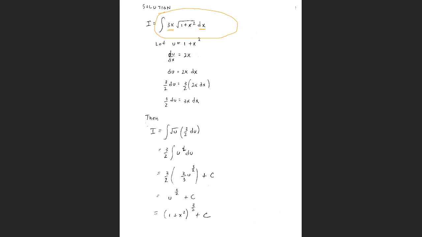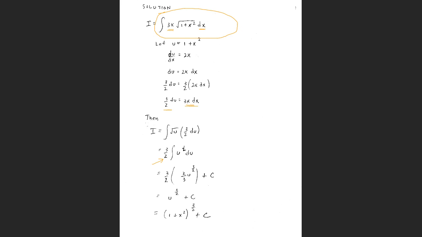I need to replace it with a function of the variable u. Well, 3x dx happens to equal 3 halves du, and that's why I replace the 3x dx with the 3 halves du. Okay, thank you. All right, very good. Good questions. So, we'll bring the 3 halves.